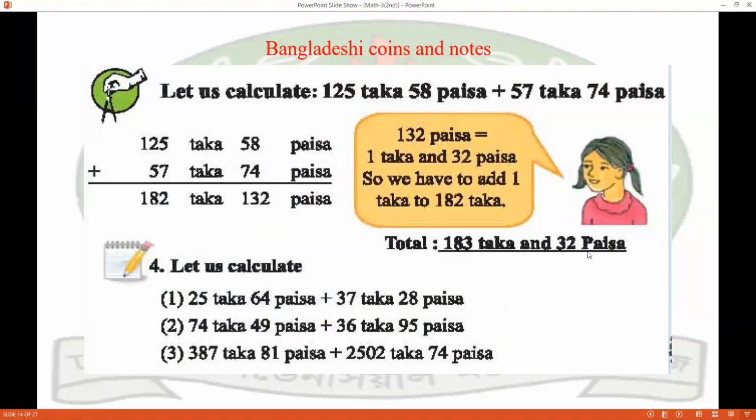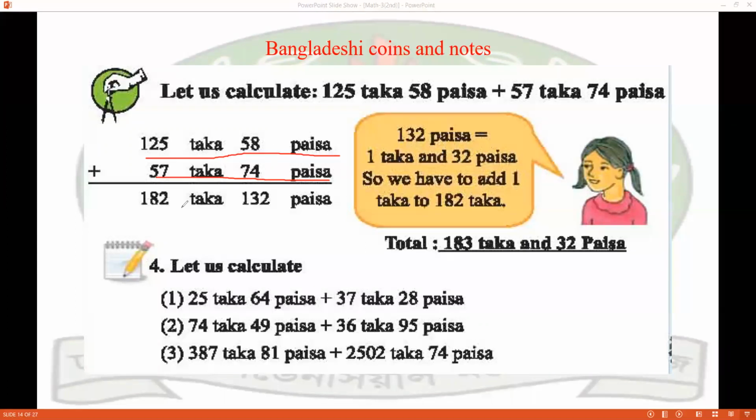Let us calculate 125 taka 58 paisa added with 75 taka and 74 paisa. So we can solve it in this way. At first we write the first one, then we write the second one. Here you have to be careful. You have to write taka under taka and paisa under paisa.